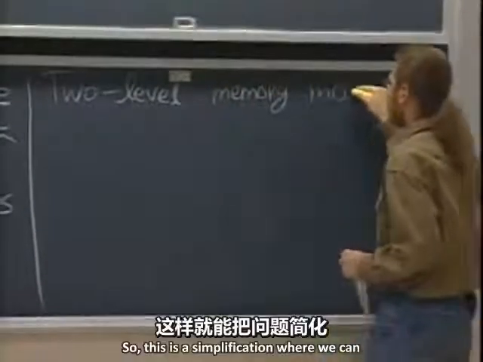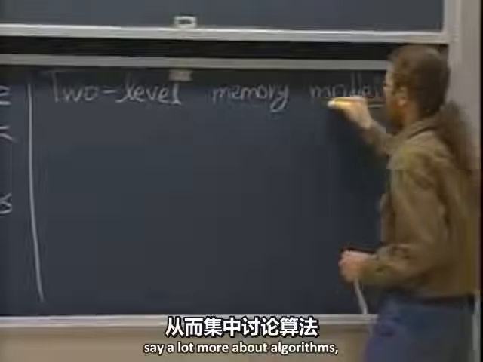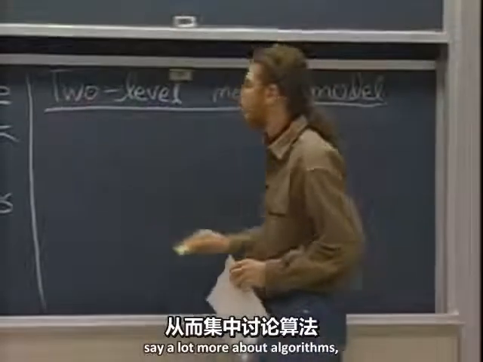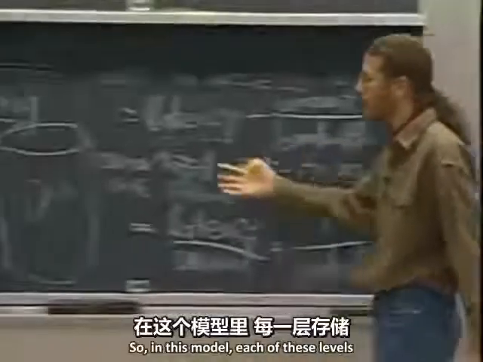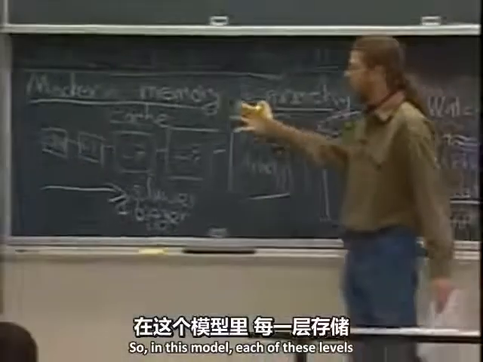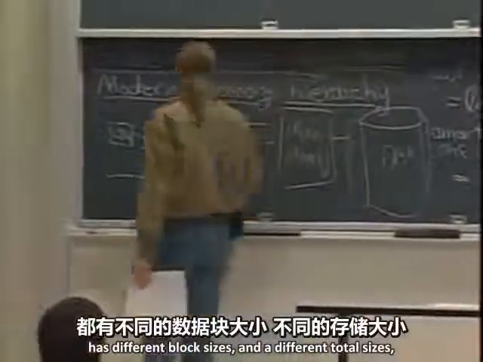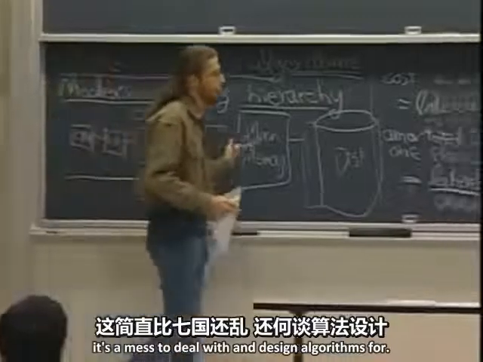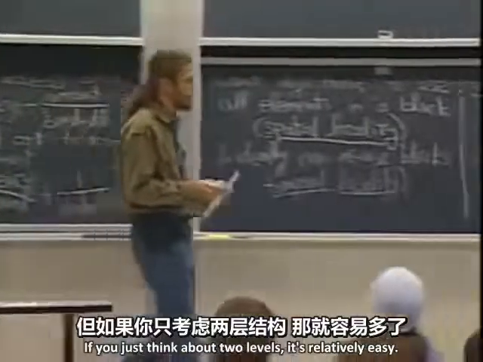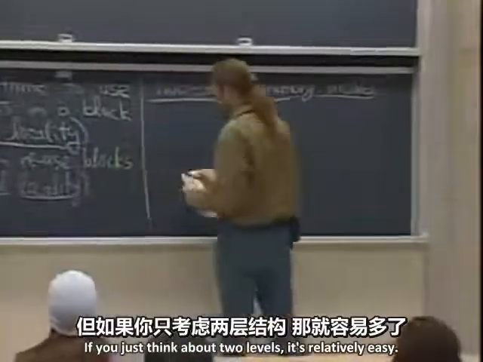So this is a simplification where we can say a lot more about algorithms. In this model, each of these levels has different block sizes and different total sizes. It's a mess to deal with and to design algorithms for. If you just think about 2 levels, it's relatively easy.